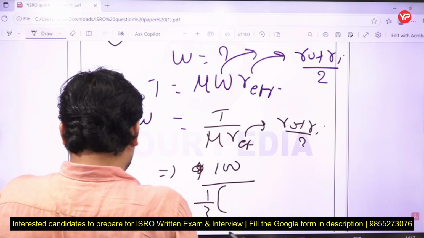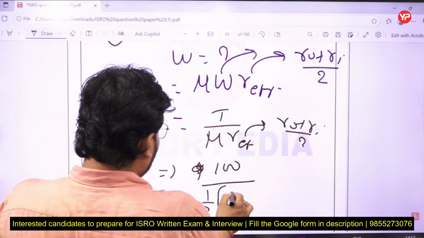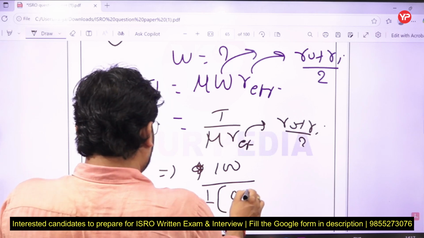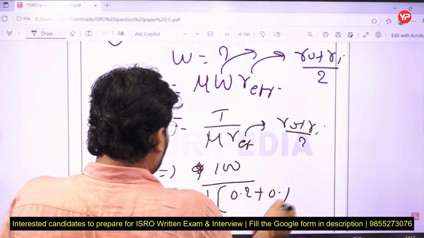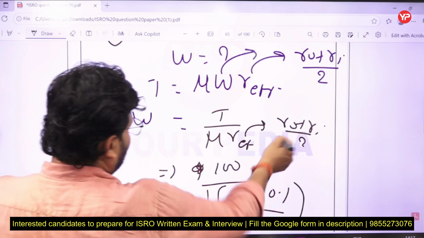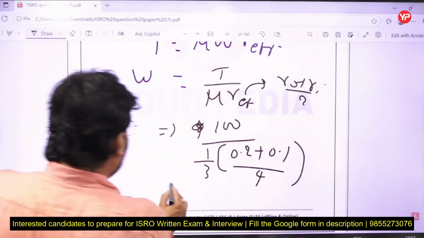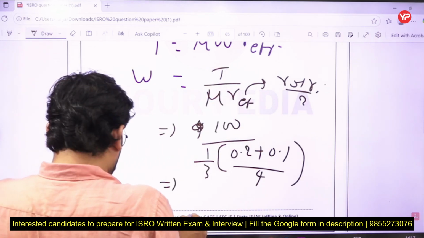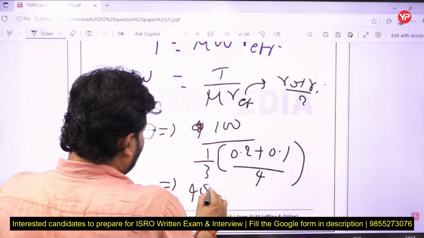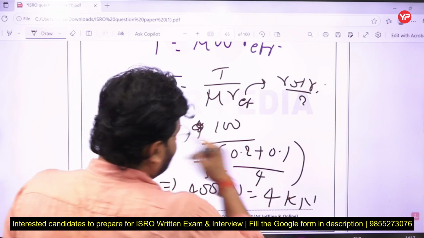Here we can write (Do plus Di) upon 4, put the values, 0.2 and 0.1, whole upon 4, because the diameter is given. By solving that we get the value as 4000 Newton, or we can say 4 kilo Newton.